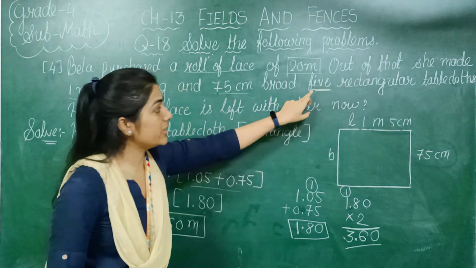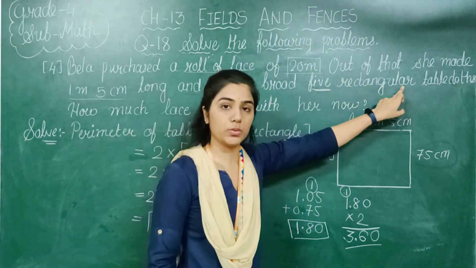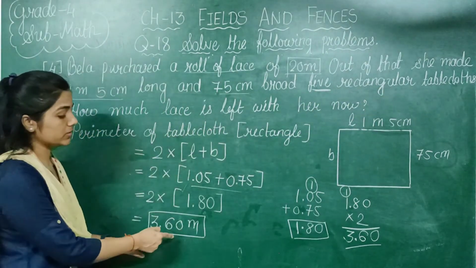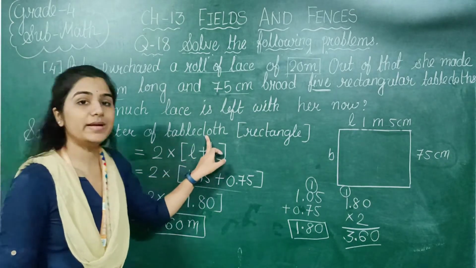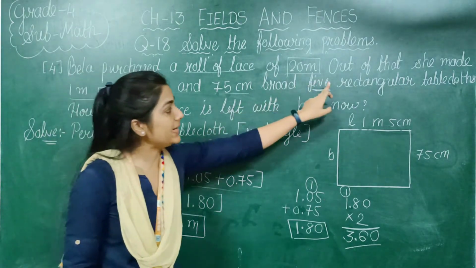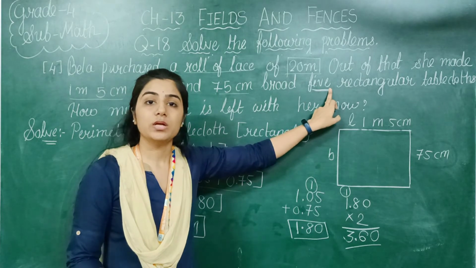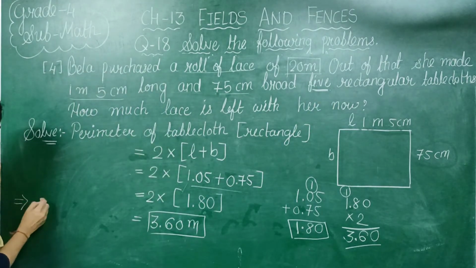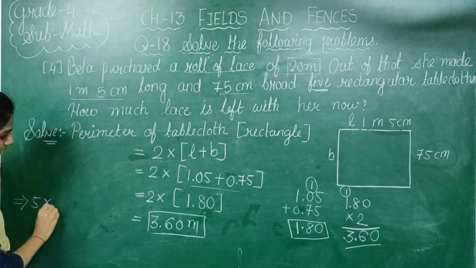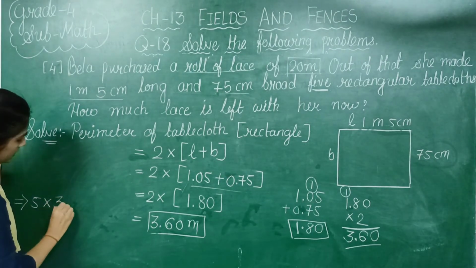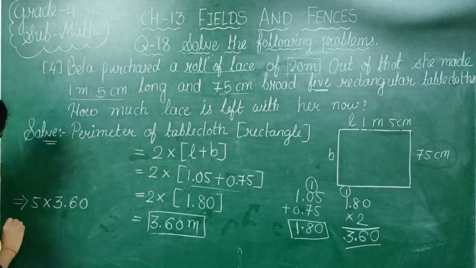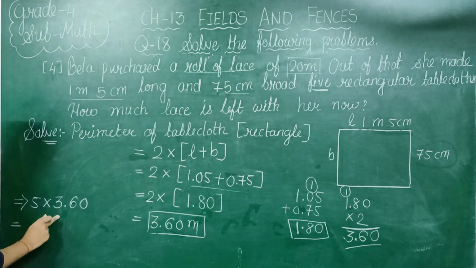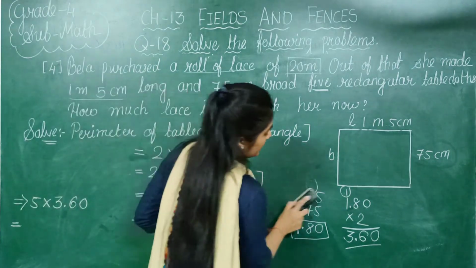Now in the question it is already given that she made 5 rectangular tablecloths. And this is the length of lace for 1 tablecloth. So for 5 tablecloths, how much lace do we need? We can do it like this: 5 multiplied by 3.60.